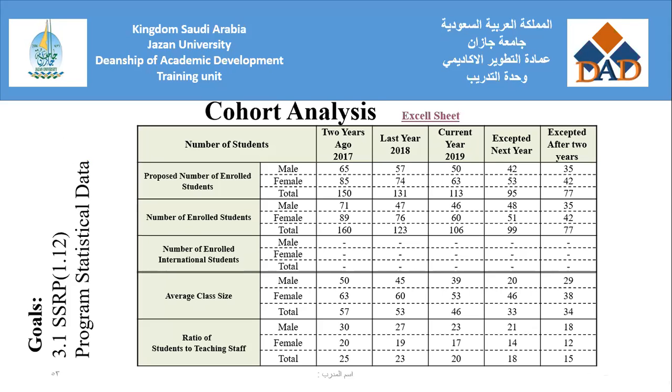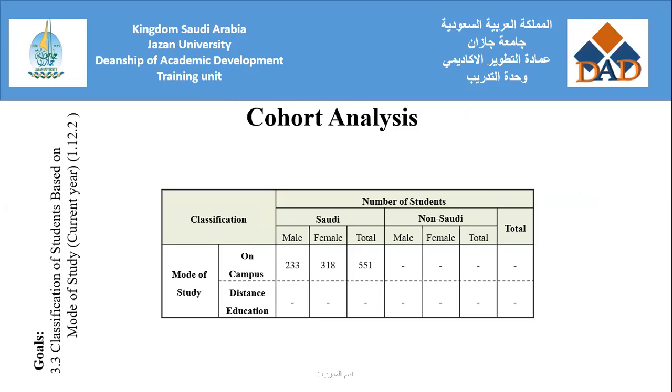And this is from the cohort analysis self-study report, item number 1.12. In the self-study report, this table is required. This we have already prepared, so the same information we have taken for completing this item.